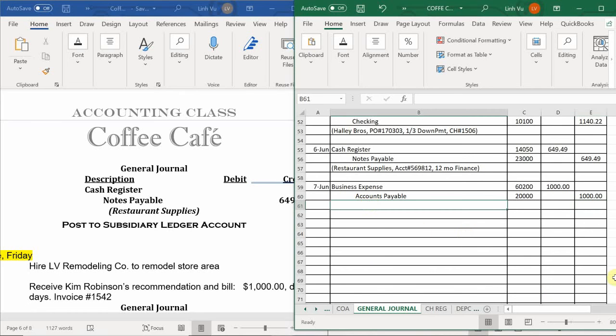So first things first, the person that you worked with was Kim Robinson. This was invoice number 1542. The bill is due in 3 days. And this was interior design.